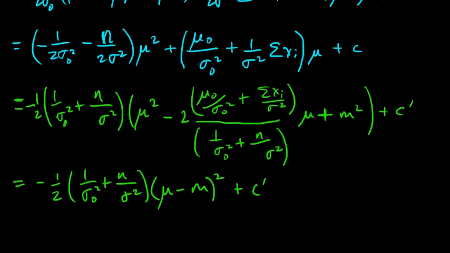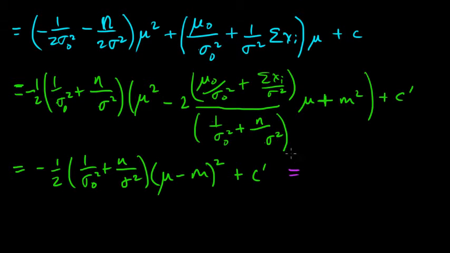And so we would like to match this up with what the exponent in a Gaussian looks like, and that's minus 1 over 2 sigma squared. Let's call it sigma n squared times mu minus the mean. We'll call it m, we'll just keep it like that, m squared.